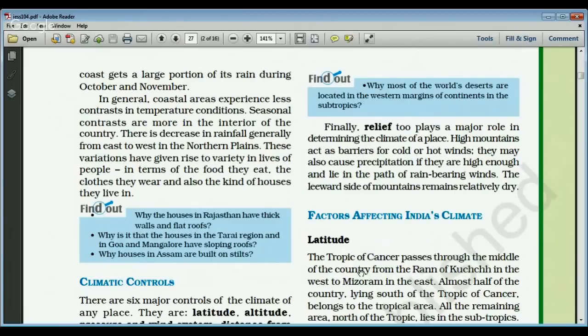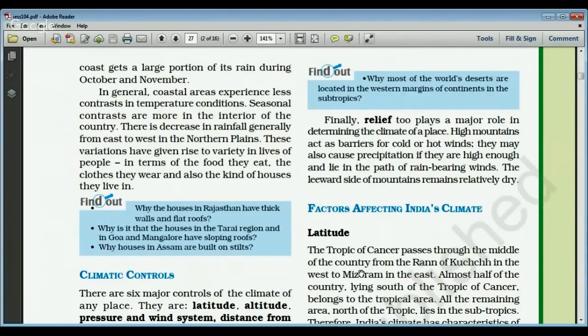Because of the enough height of the Western Ghats, the west portion of the Western Ghats receives heavy rainfall, because these mountains act as an active barrier to the monsoon winds.